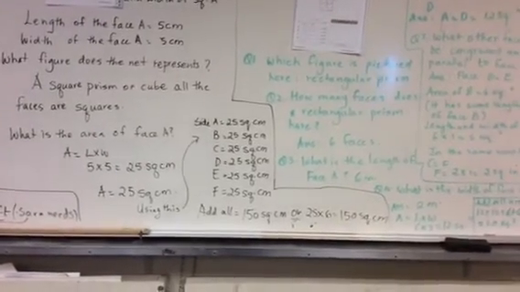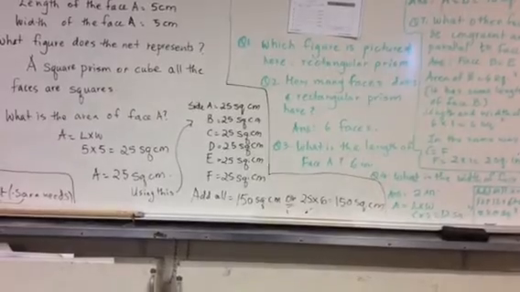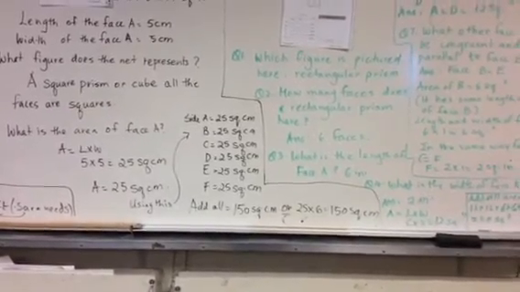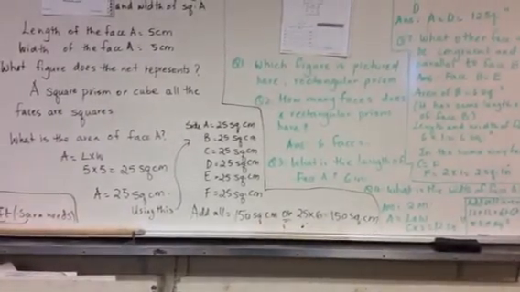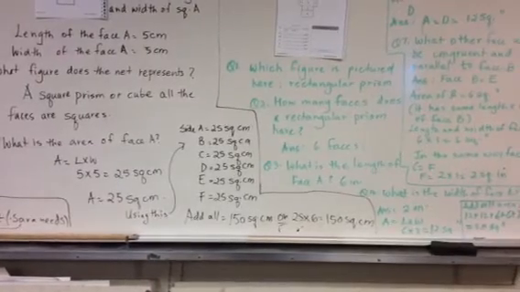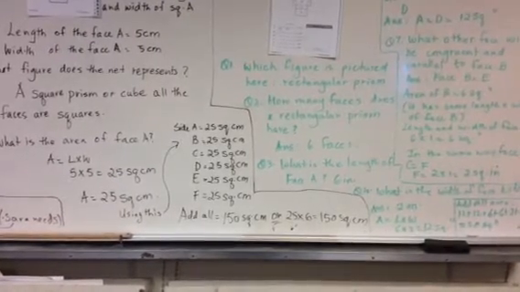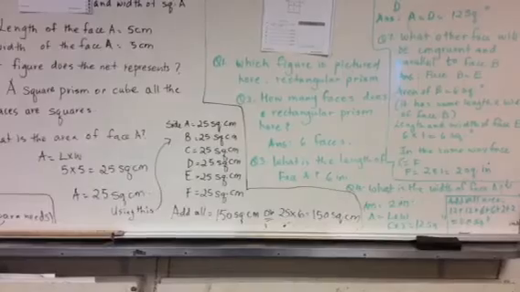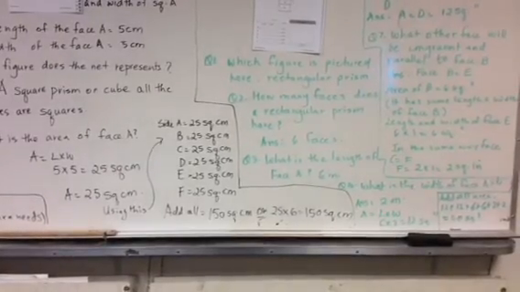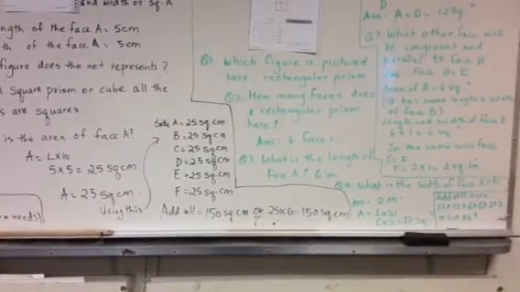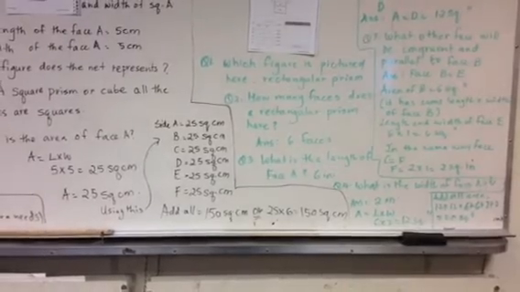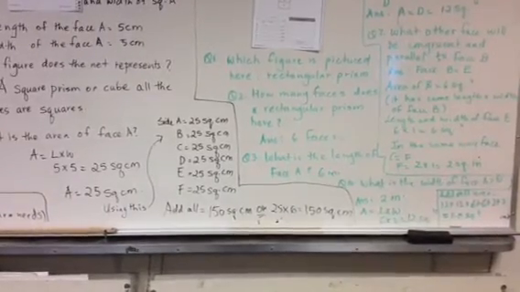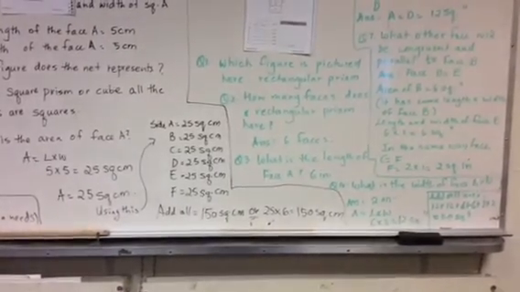But we can do it by multiplication too. 25 times 6 will give you 150 square centimeters. So 150 square centimeters is the surface area of the prism. Surface means the portion on each side, or the open surface on each side.